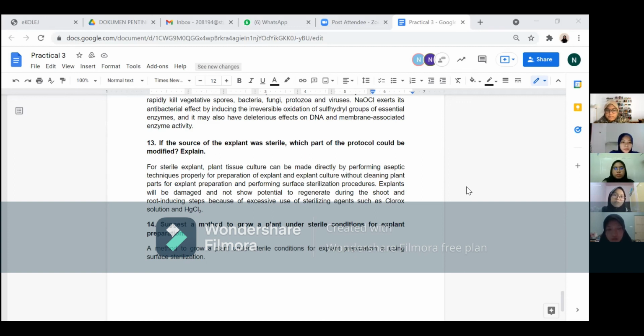Therefore, the host is not harmed but the treatment is effective enough to kill the pathogen in the plant part by using these heat treatments. Okay, that's all for me.